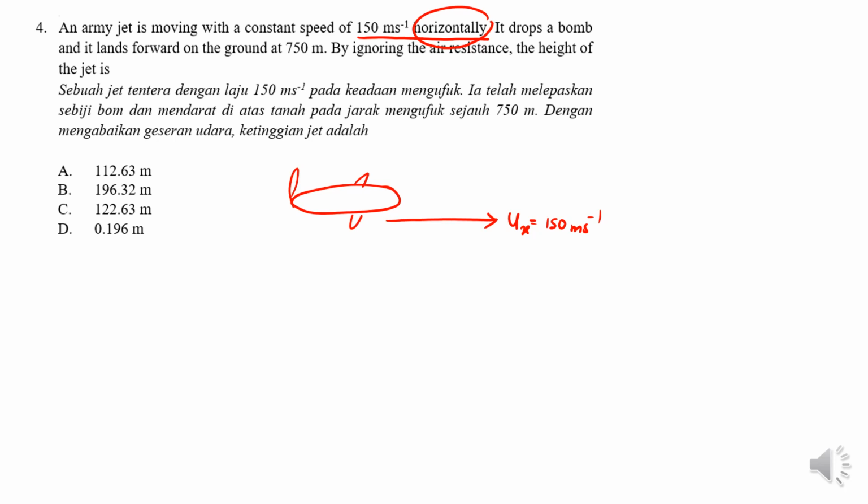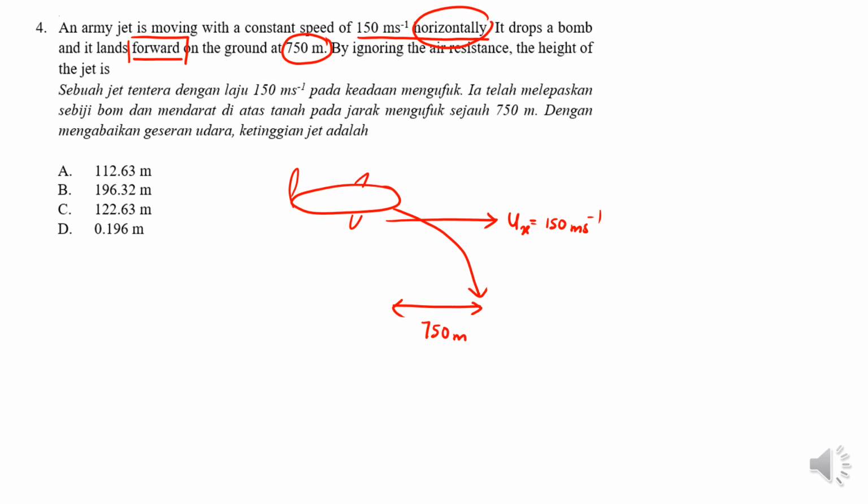The bomb drops and it lands forward on the ground at 750 meters. Okay, so the keyword here is it lands forward. That means the bomb drops like this, where we have x and y component displacement, and then it lands forward with a displacement of 750 meters.